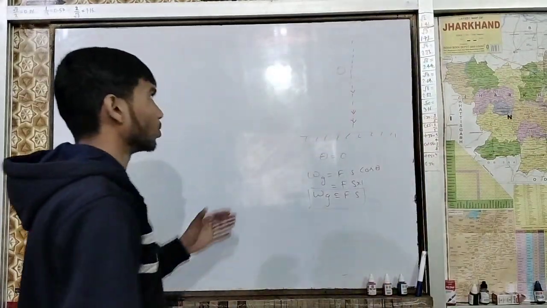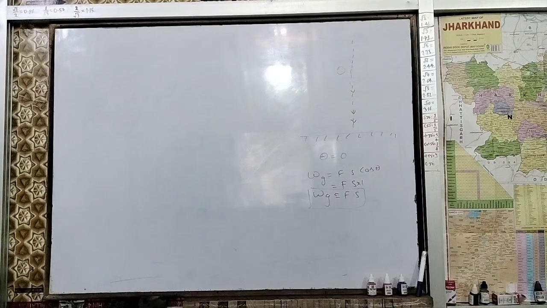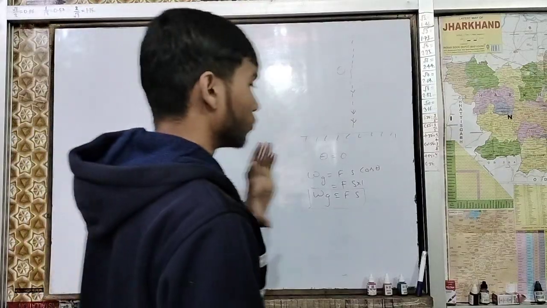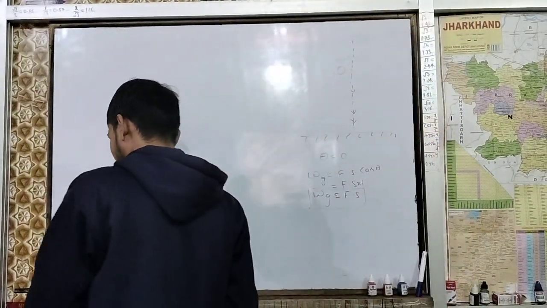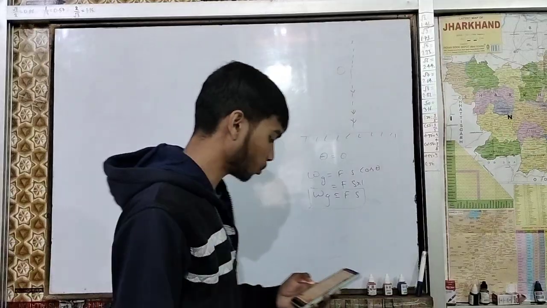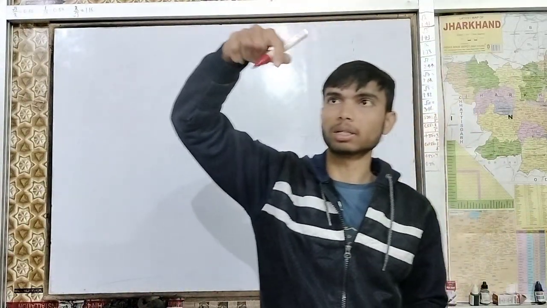Theta is 0. Zero means the direction of the displacement of the object and the force is the same. This is the meaning of the 0 degree. When a body at rest starts falling freely, this is the body.